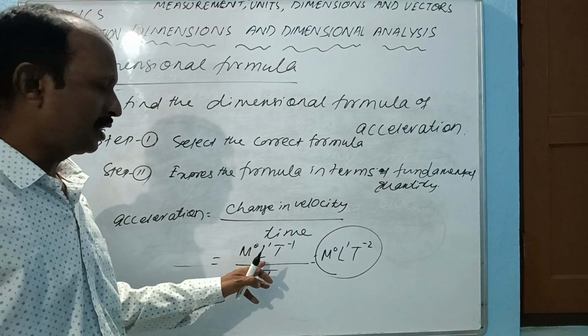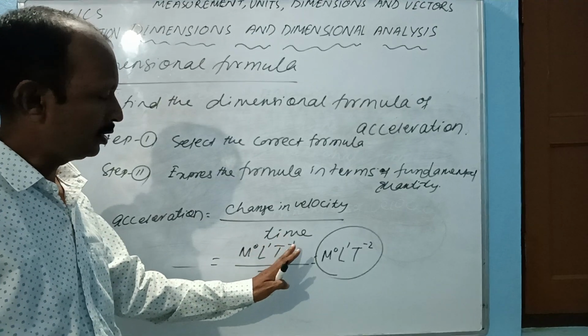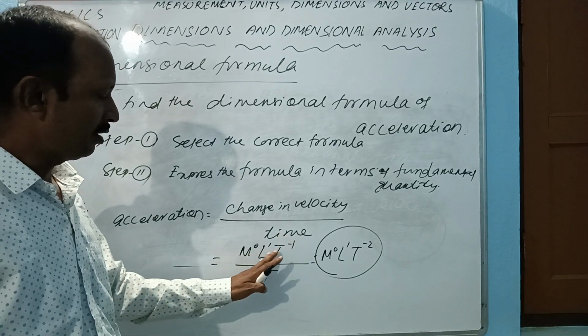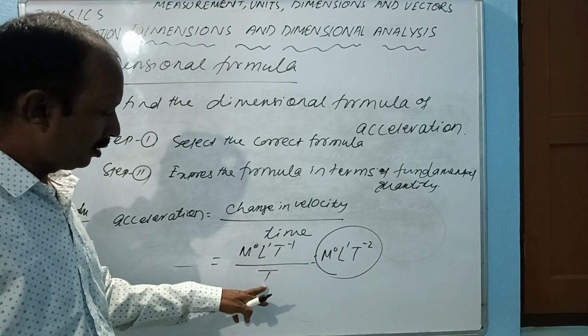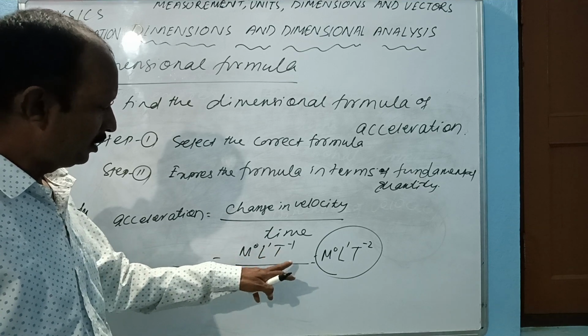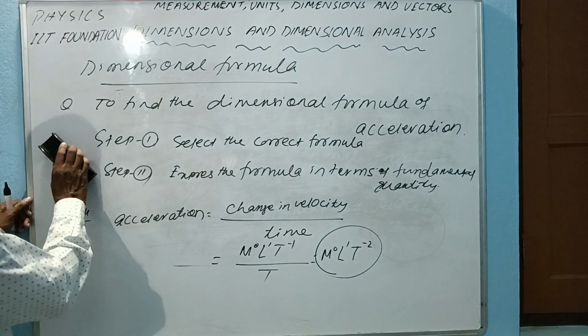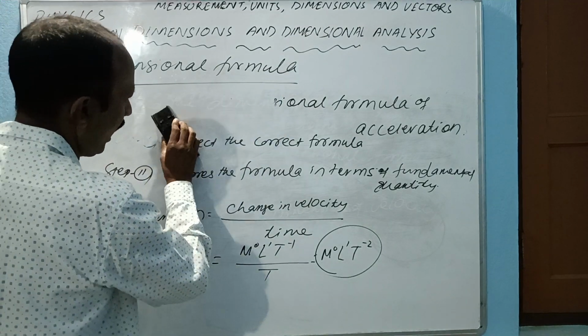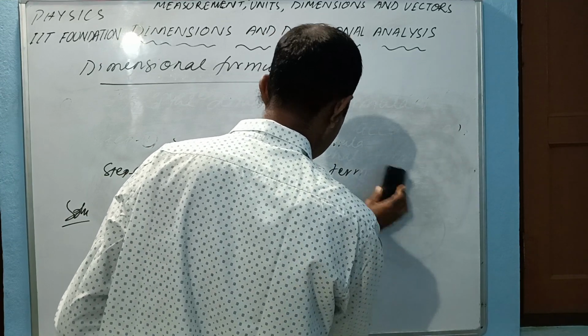That's why I expressed directly here M to the power 0, L to the 1, T to the minus 1. This is the dimensional formula of velocity. This is the dimensional formula of time. So velocity by time, I got M to the 0, L to the 1, T to the minus 2, which is the dimensional formula of acceleration. One more example you see.